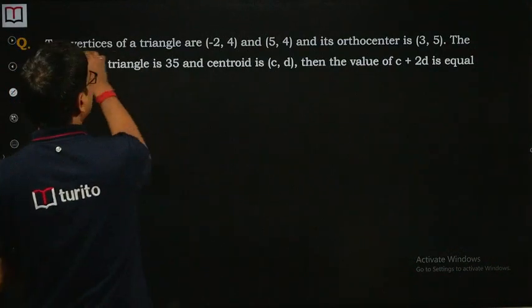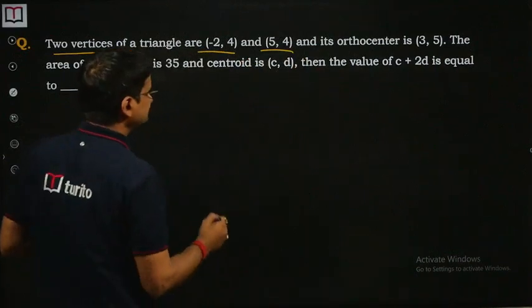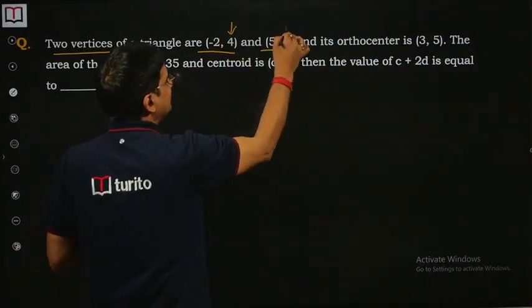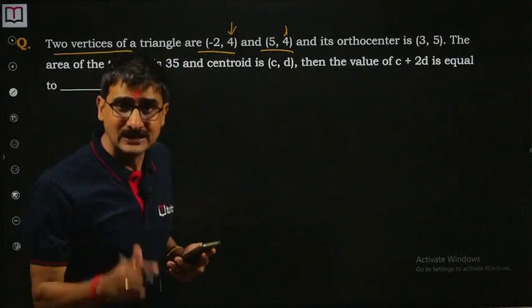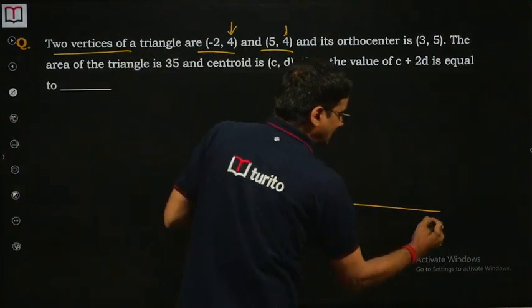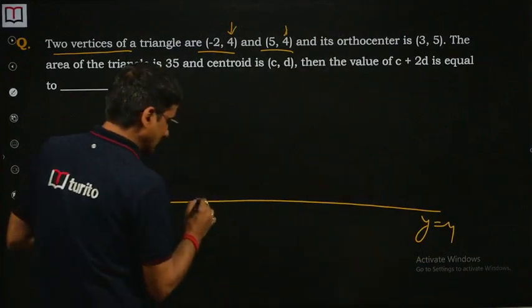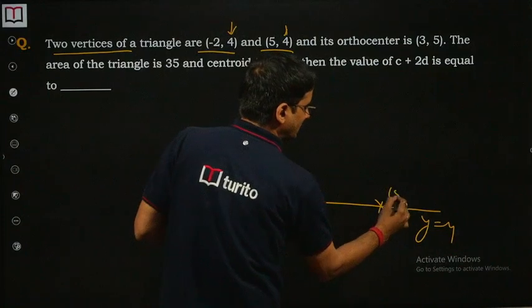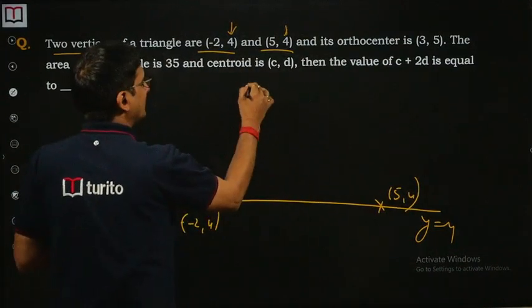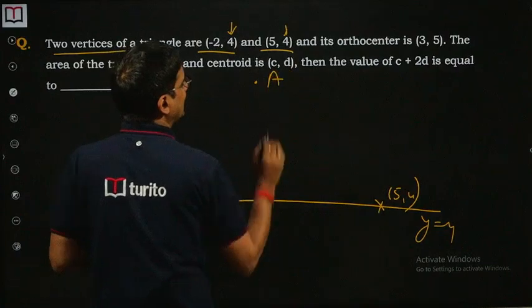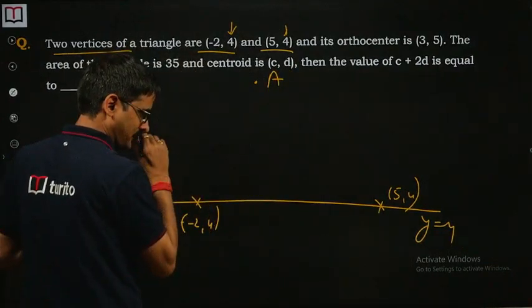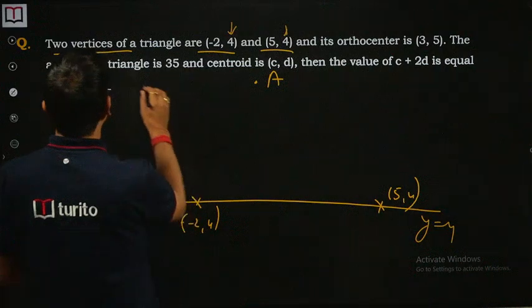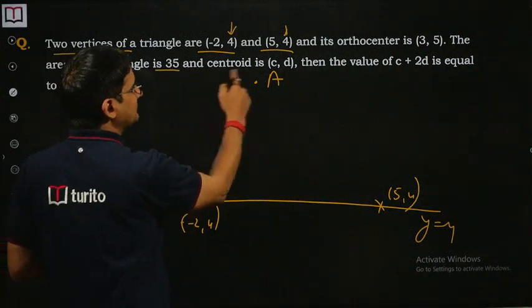The two vertices of a triangle are this and this. Observe the vertices. Both have the same ordinate, so they lie on the line y is equal to 4. So one is minus 2 comma 4, another one is 5 comma 4, and then when it comes to point A, its orthocenter is 3 comma 5, so it's above it, and the area of the triangle is 35, centroid is this.